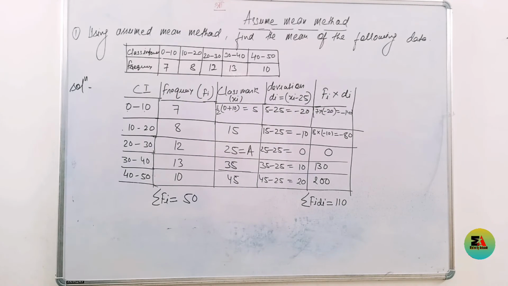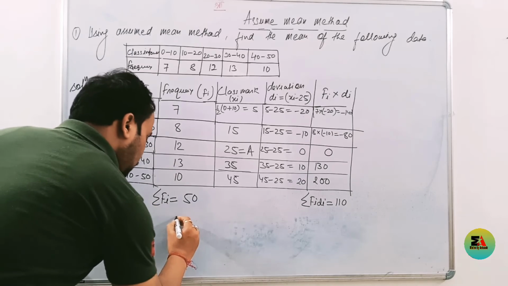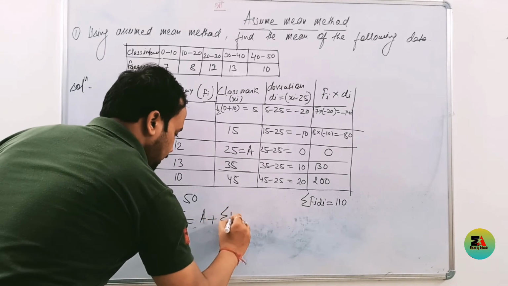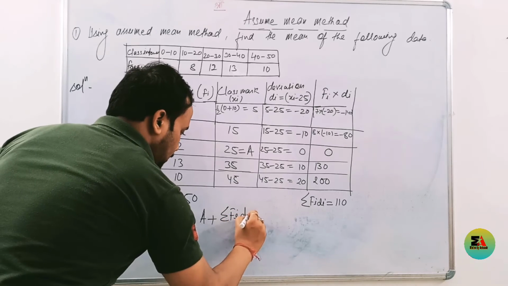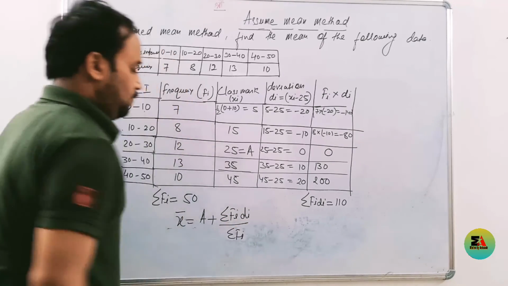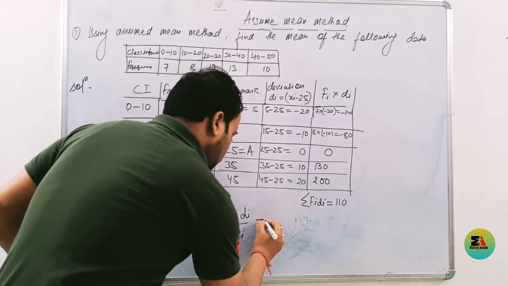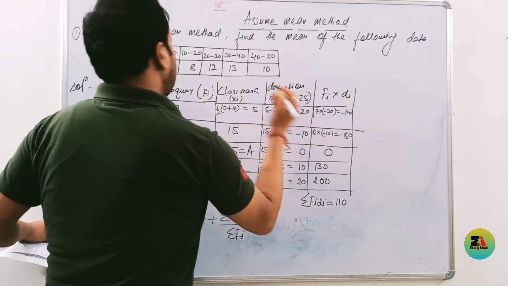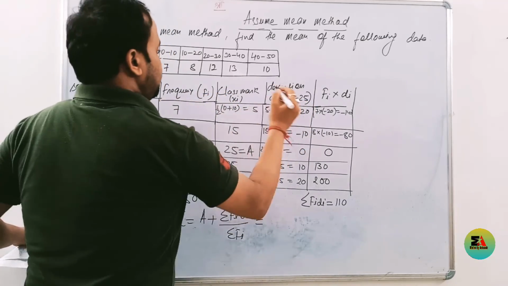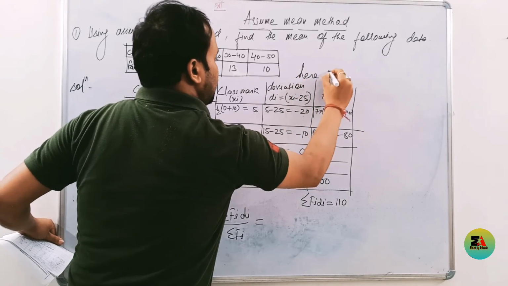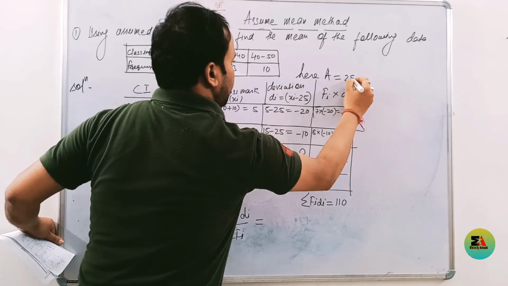Clear? Now use the formula of mean. What is the formula? We know that x bar is equal to A plus summation of fi di divided by summation of fi. Now substitute all the values. In this question, A is 25.